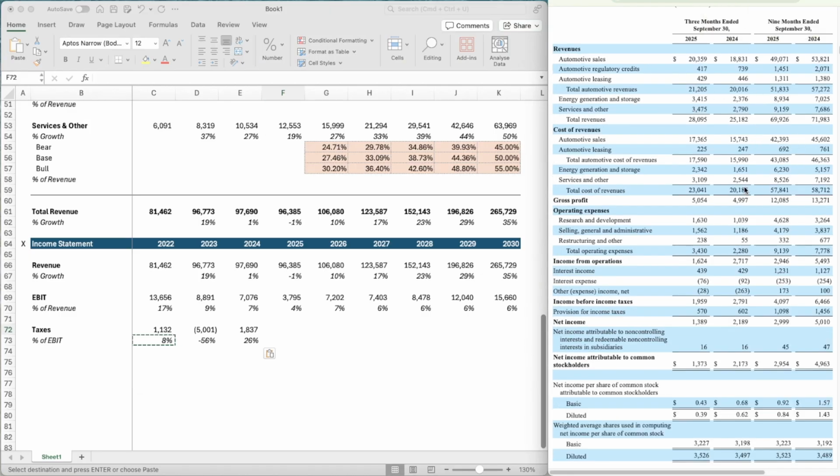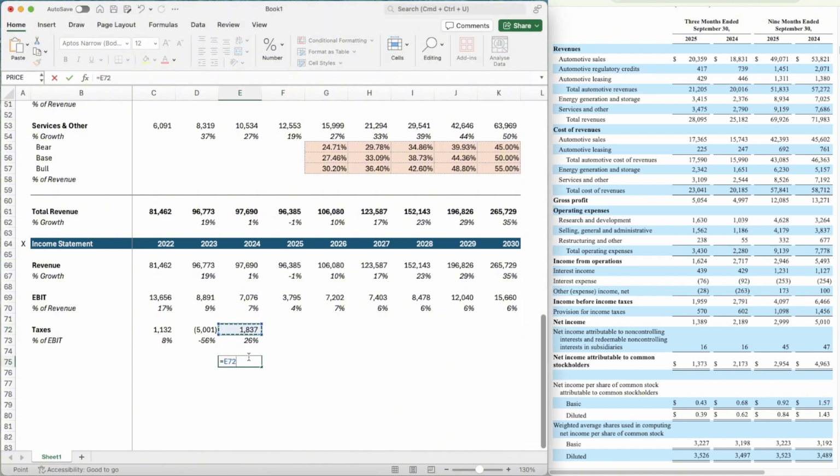2025, where is it? Equals 2024 divided by 1456, equals 1098 multiplied by 1.26 is 1,382.